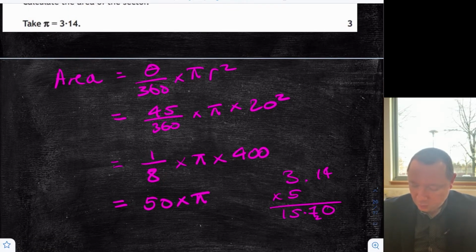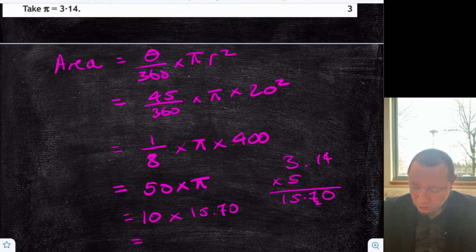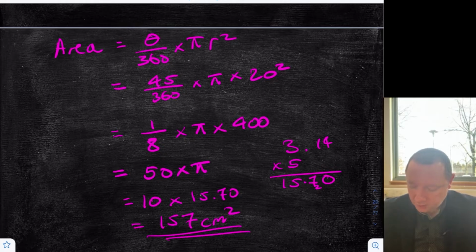You get 15.70, and that's times by 5, so it's 10 times 15.70, which is 157 centimetres squared for our final answer. Another quick way at this point would be to times by 100 and then divide by 2.